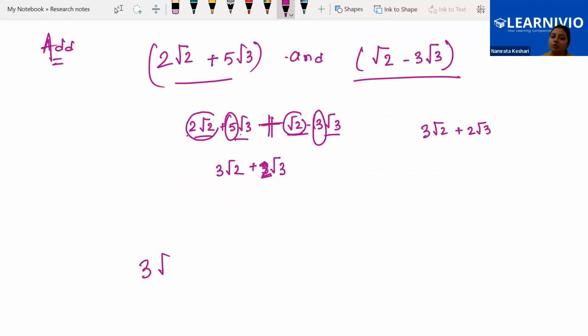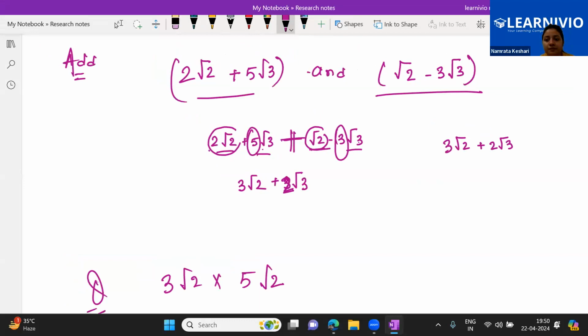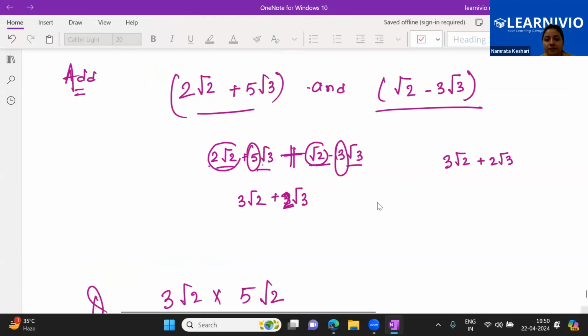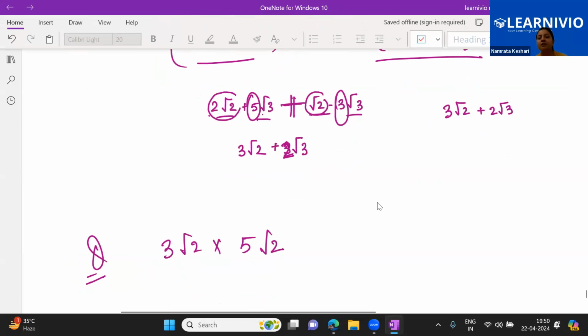Similarly, if we have 3 root 2 multiplied with 5 root 2, can you tell me, Saad and Samia, what are we going to get? 30.